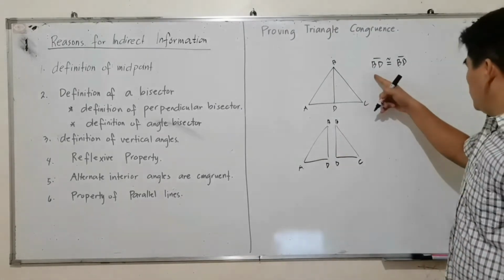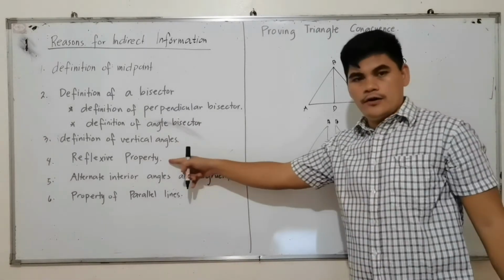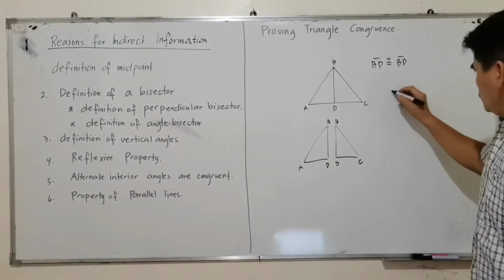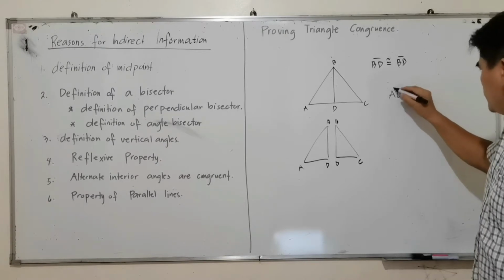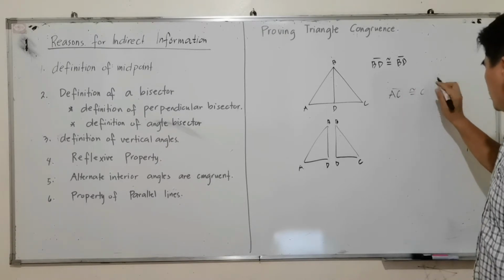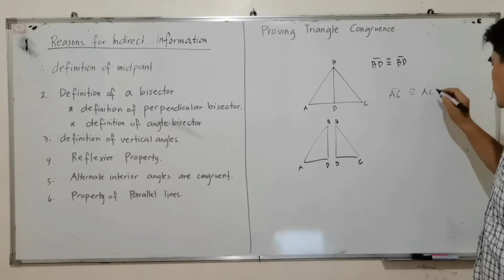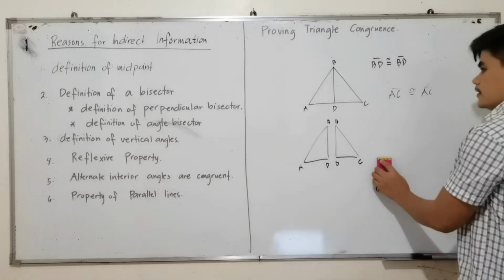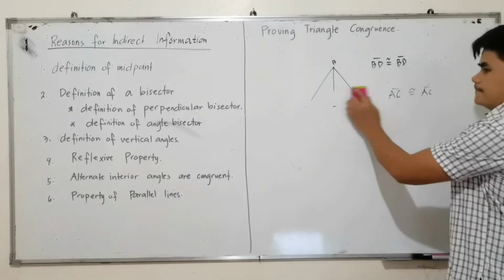So the reason is reflexive. When you say, for example, AC is congruent to AC, then the reason is reflexive property. Take note of reflexive property.